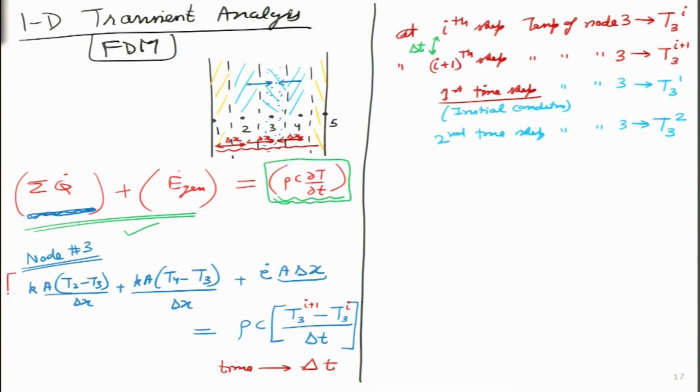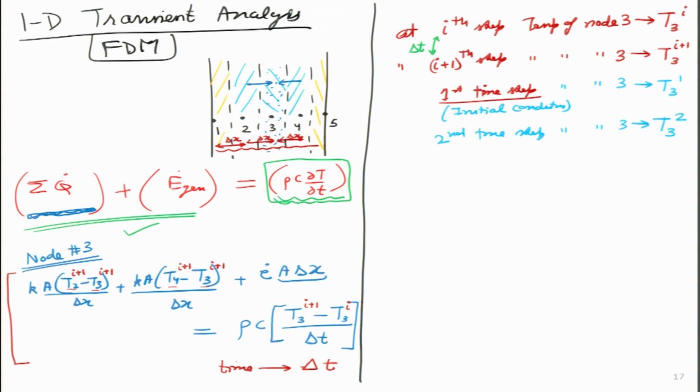Now, we come back to our node 3 equation on the bottom left side over there. Now, you see I am writing these superscripts with the red colors. Now, I have another question for students, that should I also put superscripts on the left hand side, because I have these temperatures over here. I have temperature T2, T3, T4 and T3. So, the answer is yes, I have to put those superscripts, and in this particular set of examples I will put the superscript I plus 1 on all of them.